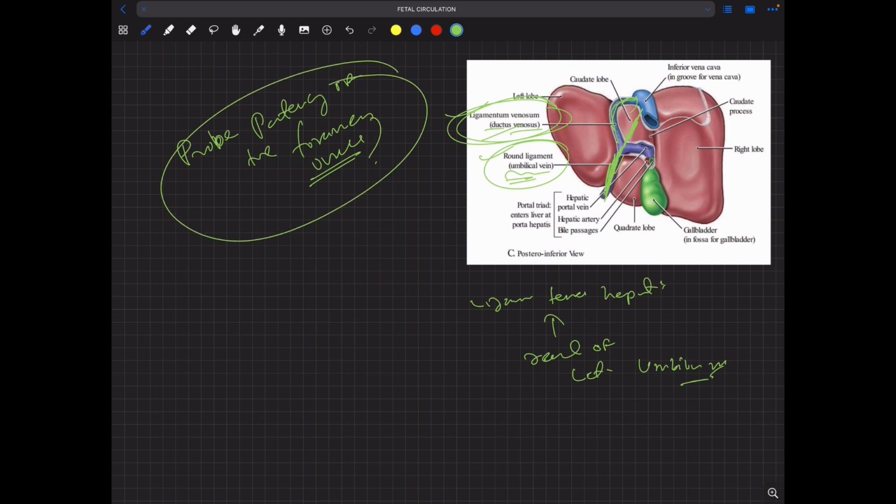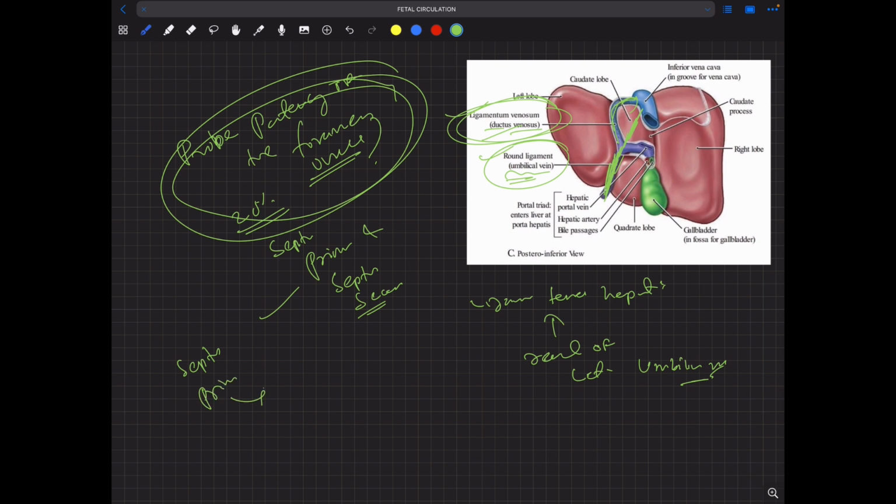In some people, around 20%, there is a gap between septum primum and septum secundum. This is called probe patency of the foramen ovale. So what happens to septum primum? The septum primum becomes the fossa ovalis. The septum secundum becomes the limbus of the fossa ovalis.